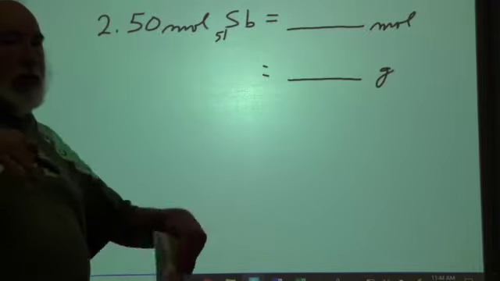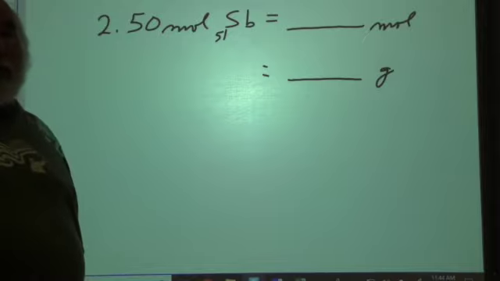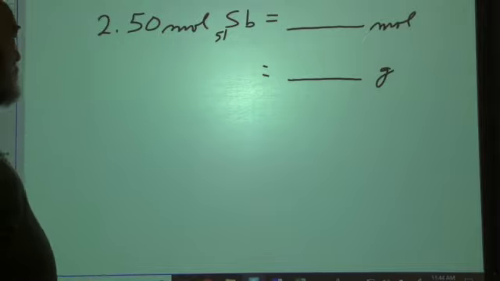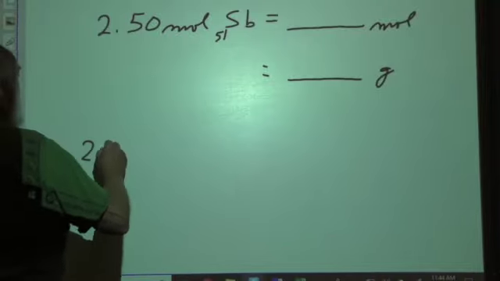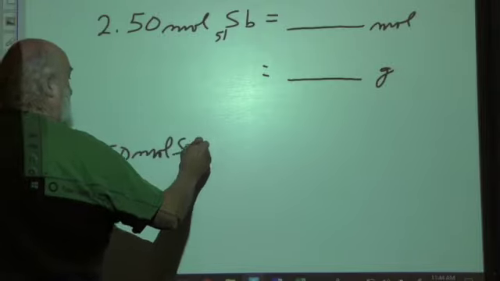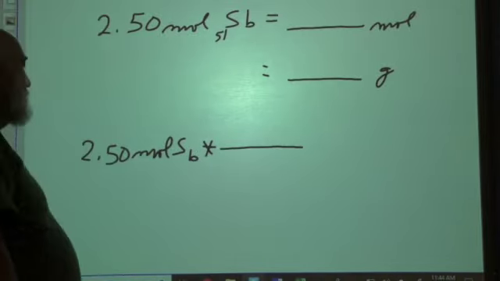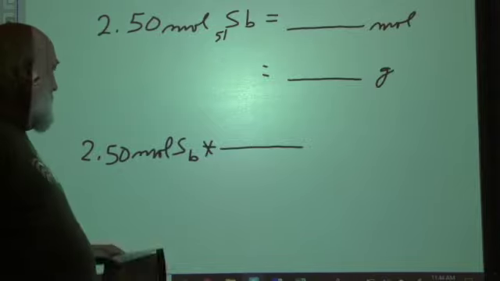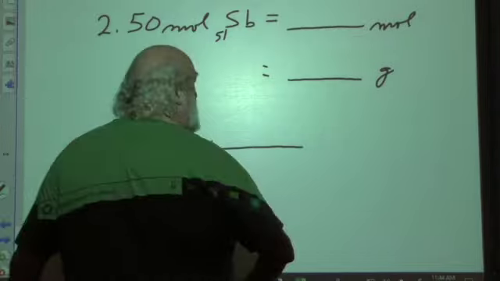Like I said when we dealt with conversion in the previous chapter, we're never done with them. We're always using conversions. So we start with what we're given here, 2.50 moles of Sb times a fraction line. I don't want moles, I want atoms here. Sorry, that's wrong.